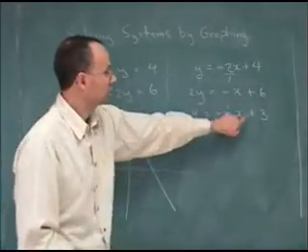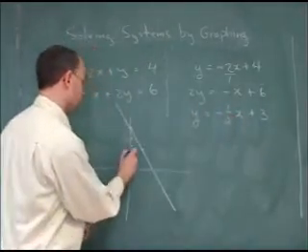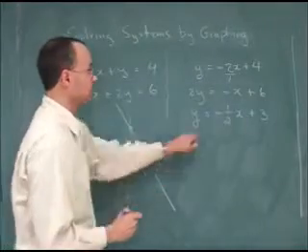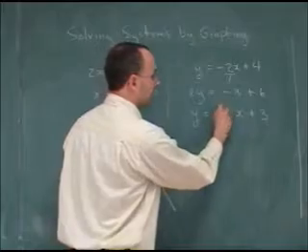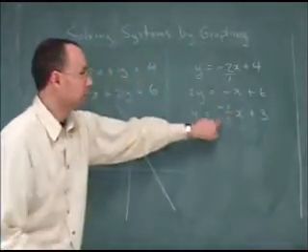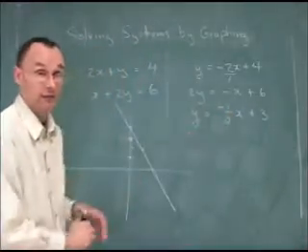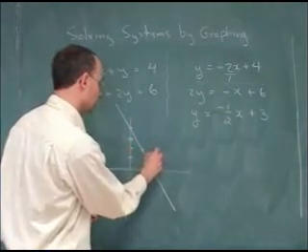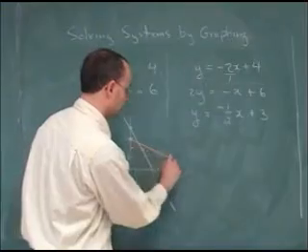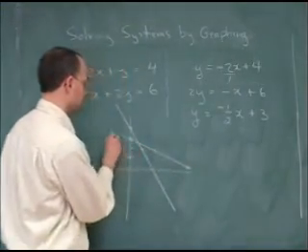The other line here has a y-intercept of positive 3, and it has a slope of negative 1/2. So I like to make it very clear. I think of the top as negative, the bottom positive, to get my negative 1/2. So down 1 and over 2. And so that line looks something like that.